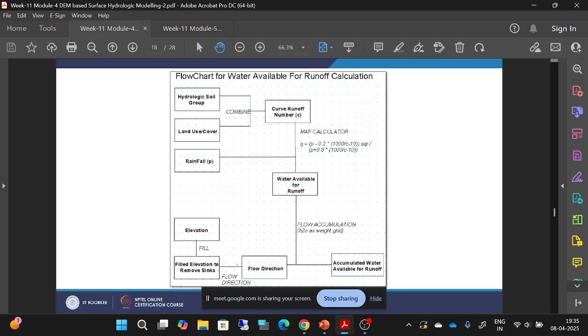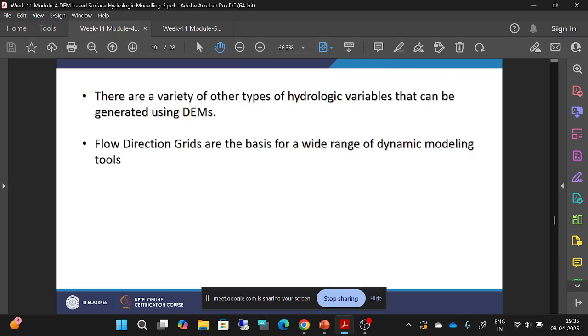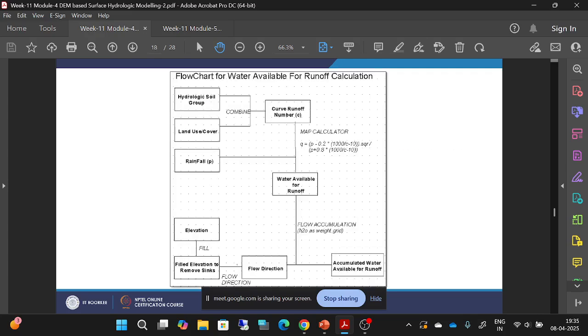Okay, so that is the digital elevation model. Then the fill depression sinks that we were talking about: elevation, fill depression sinks, flow direction, and then the accumulated water available for runoff.